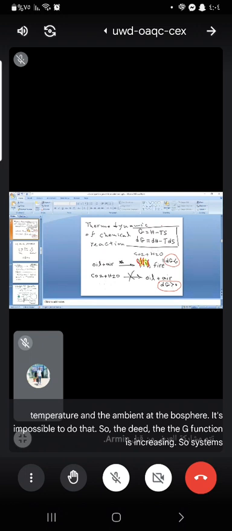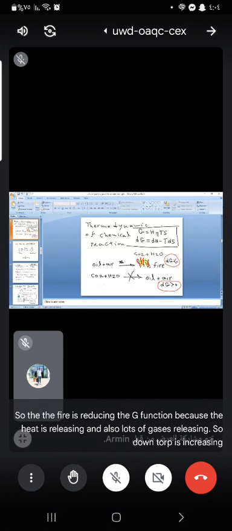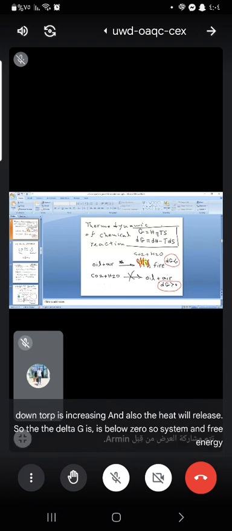Thermodynamical systems tend to work in a way that their G function is reducing. So the fire is reducing the G function because heat is released and also lots of gas is released, so the entropy is increasing and the heat is released, so delta G is below zero. The system's free energy is reducing.